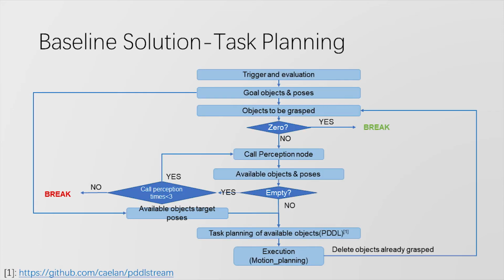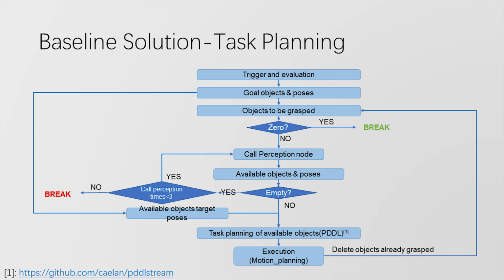The task planning module retrieves goal objects and their poses from the trigger node. Then it calls the perception module and obtains 6D poses and grasping poses. The order of grasping and placing objects is planned using PDDL. The trajectory of the robot is planned by the motion planning module.